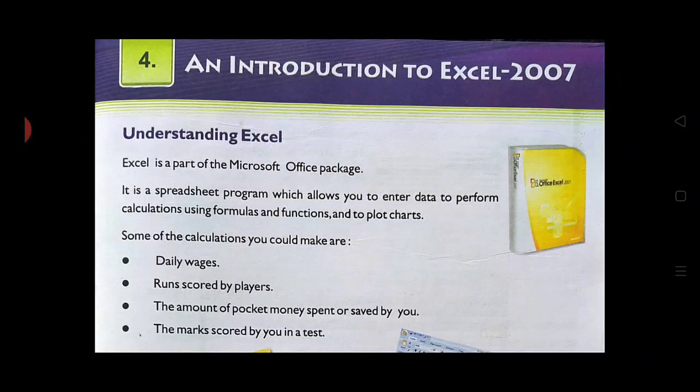Students, in this chapter we are learning understanding the basic concepts of Excel, advantages of Excel, how to start Excel, what is the use of office button, what is the use of quick access toolbar, a ribbon, insert tab, galleries, preview, what is workbook, what is worksheet, what are the rows and columns, what are the cells, what is the cell address, what is the use of formula bar, how to type data into Excel, how to save workbook, how to close workbook, and how to quit from the Excel. So these all concepts we are learning today.